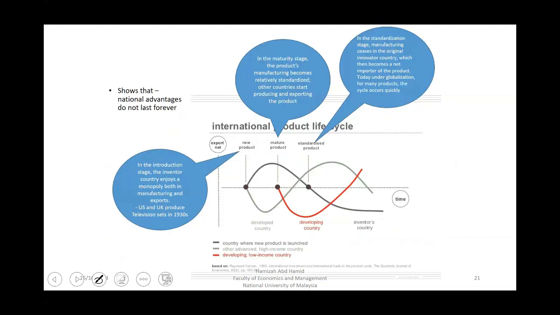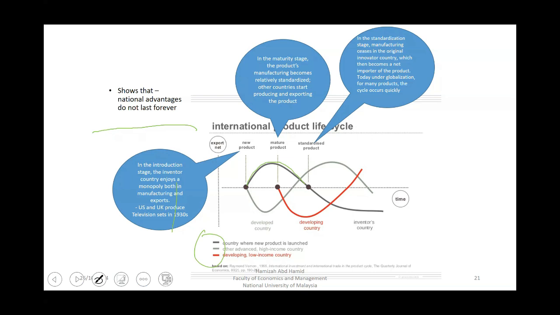How does this look for TVs? Three types of countries here. First, where the product is being launched. TV sets. Let's say they originate from the US and UK. When they were first introduced, they start to export.